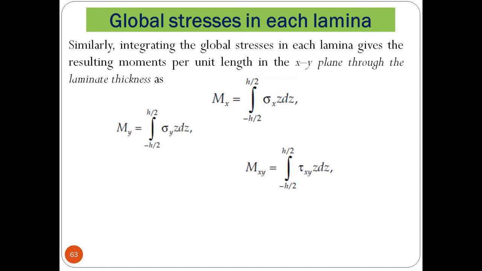Once again, I reiterate what is our objective and motto. Our objective is to calculate the strains in various directions, like epsilon x, epsilon y, and the gamma xy, and the corresponding curvatures about the midplane, kappa x, kappa y, kappa xy.